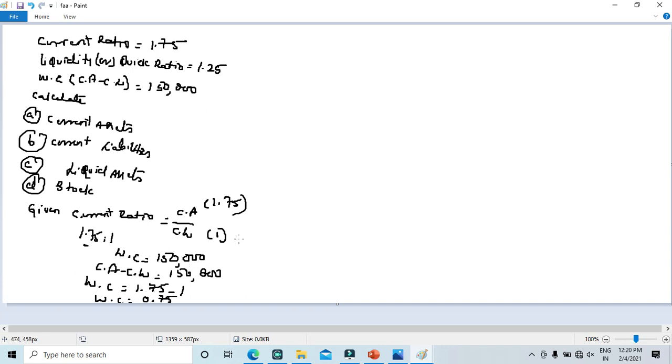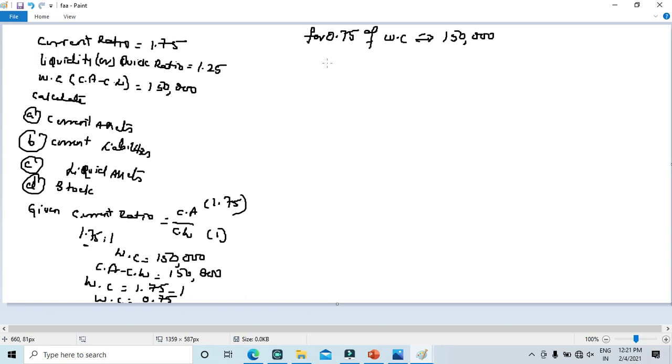The next one is liquid assets or quick assets. The formula is quick assets divided by current liabilities. He has given you 1.25, that is 1.25 divided by 1. The current liability we got is 2 lakh.